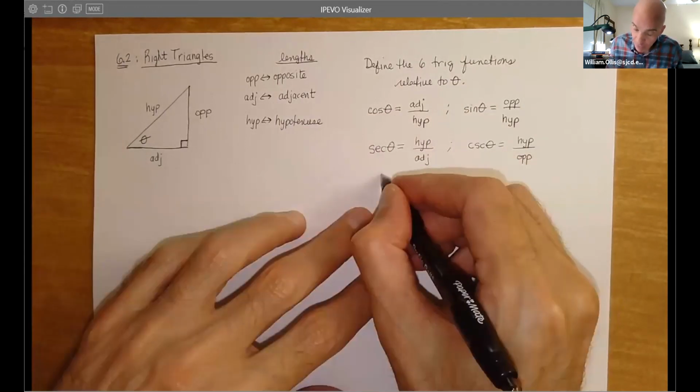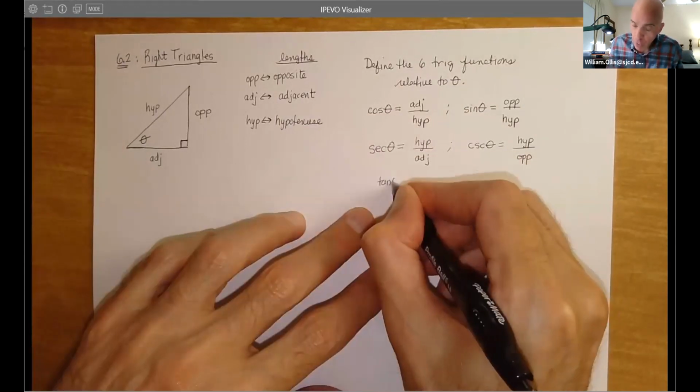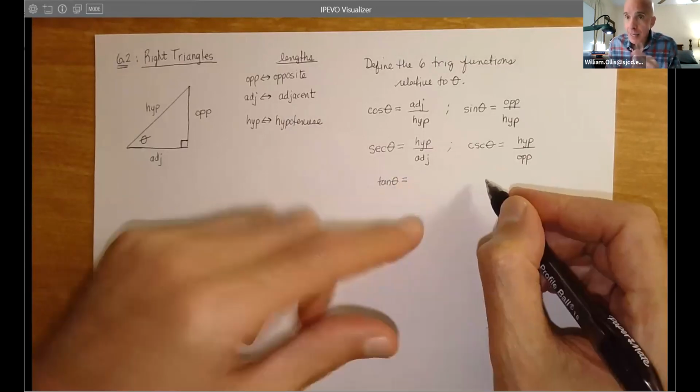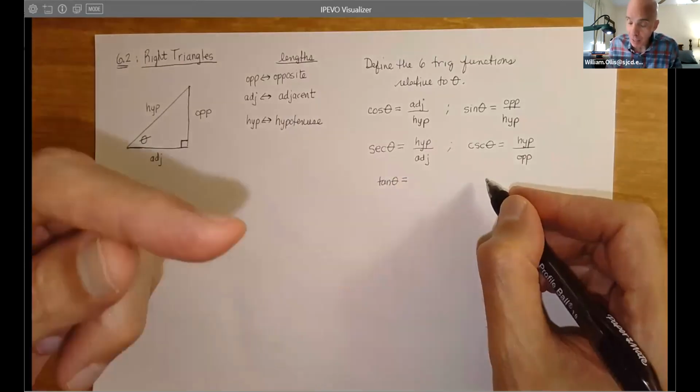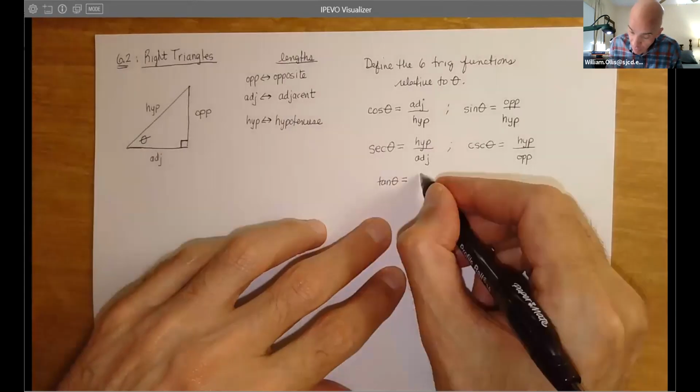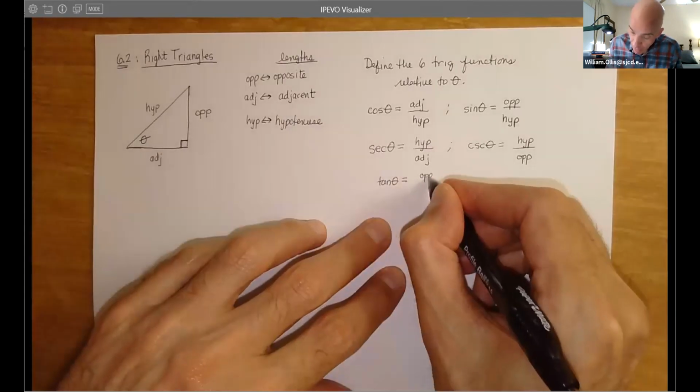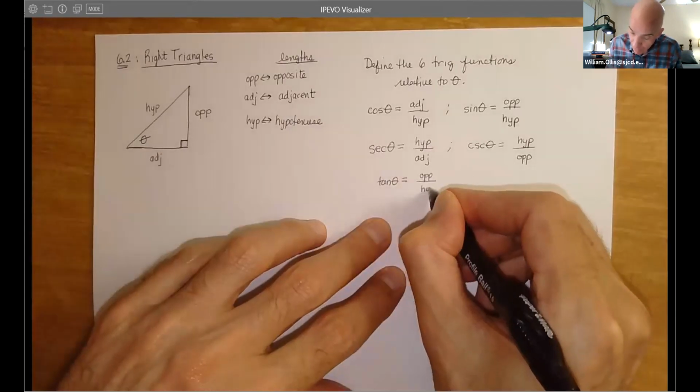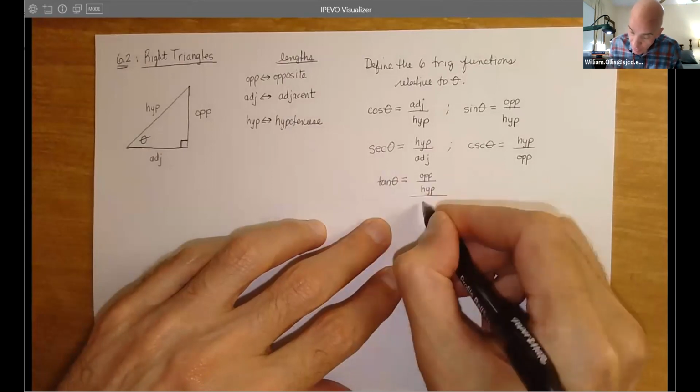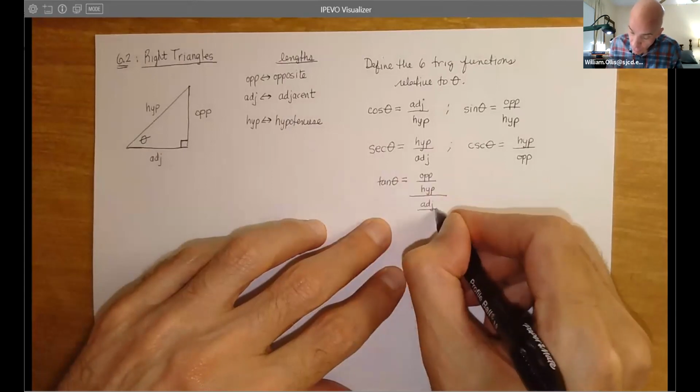And then tangent of theta, we're going to think that's just going to be the sine theta divided by the cosine theta. So that would be opposite over hypotenuse divided by adjacent over hypotenuse.